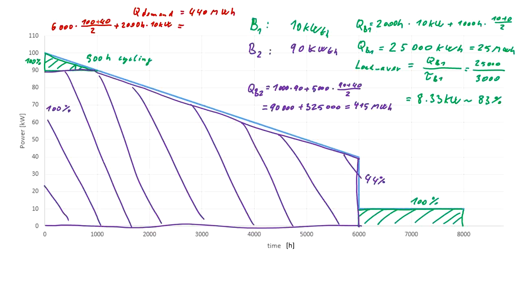And we will get that it is indeed 440 megawatt hours.